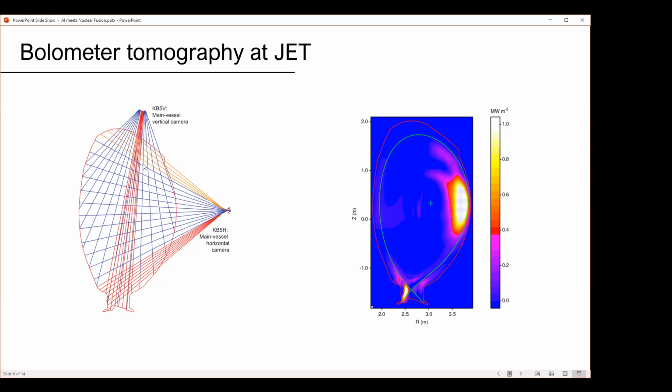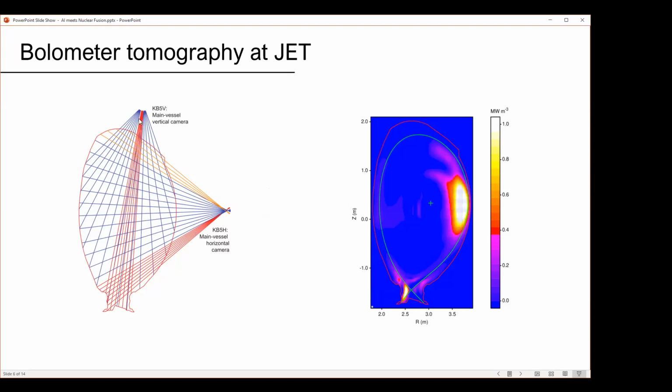Okay, so if you imagine that there are particles and matter very hot inside the machine, it will be radiating, and at each of these points you will have a certain amount of radiation that adds up to the sensor measurement in the camera. All right, so we are in effect measuring all the contributions of the radiation sources along each line.